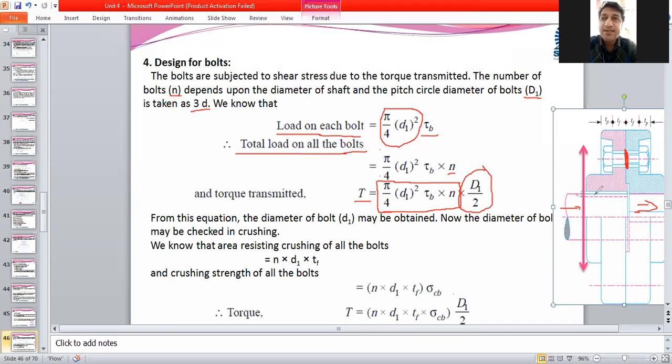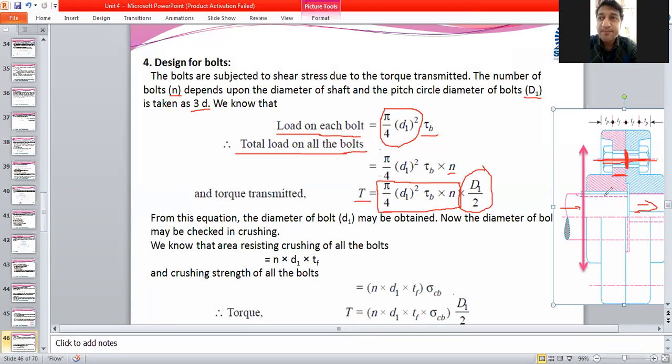Now, the torque which is available at the bolt, that torque we have to take. The torque which is available at the hub we calculated by multiplying by d, not d1. Now this torque will get increased if you want to calculate it at the center line of these bolts, or the pitch circle of these bolts.